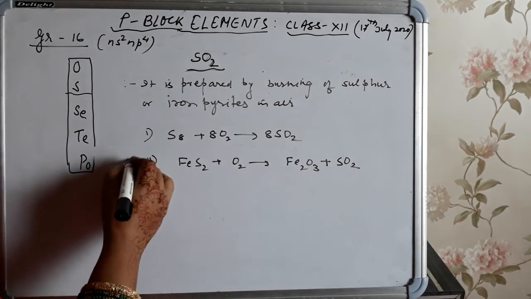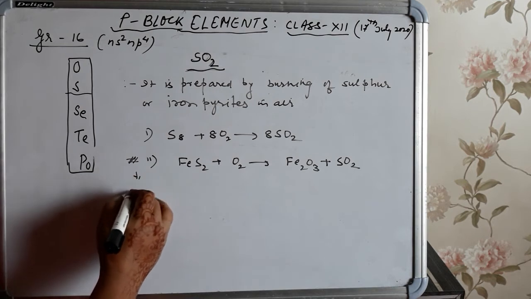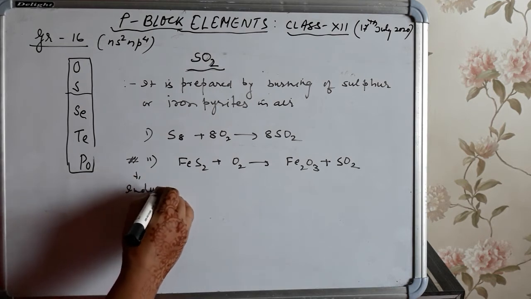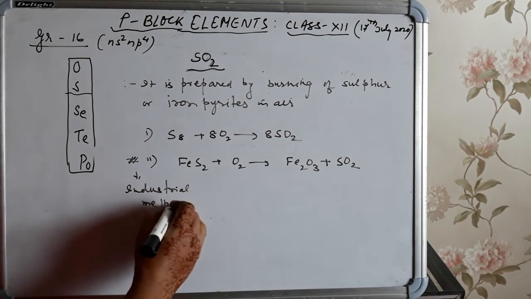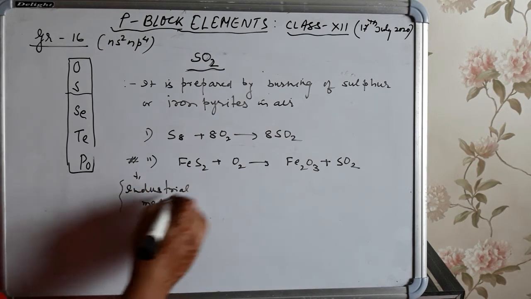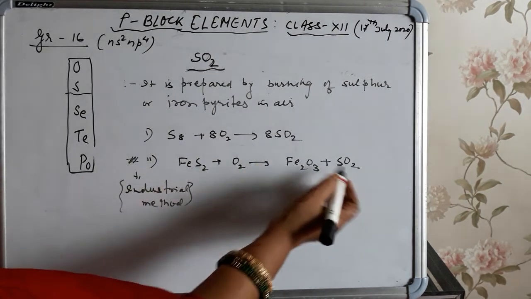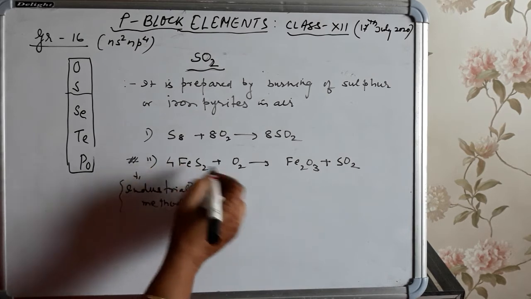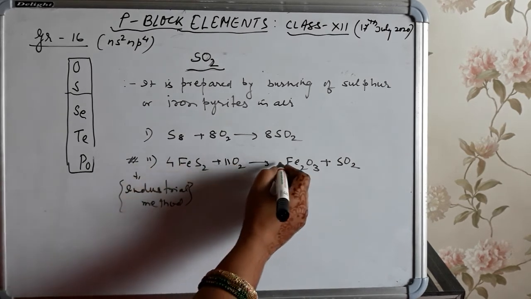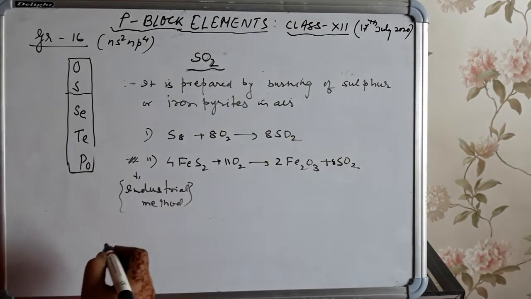Students, it is India's industrial method, so write down its importance. For industrial purposes, we prepare sulfur dioxide by using iron pyrite. Balance this equation: 4FeS2 + 11O2 gives 2Fe2O3 and 8 sulfur dioxide.